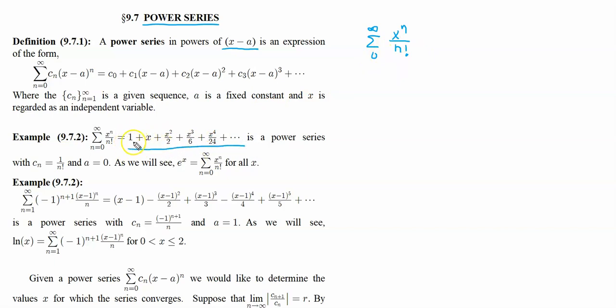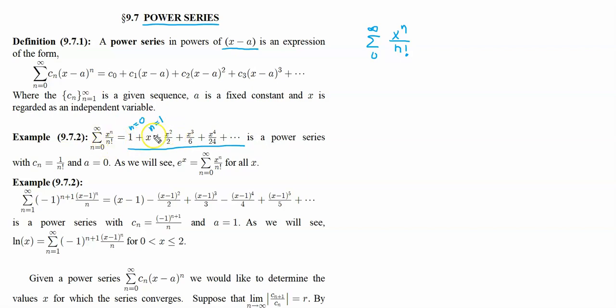So if we put 0 in for n, we get back 1. x to the 0 is 1, divided by 0 factorial. 0 factorial by convention is 1, remember that. So you get 1. So this is when n is 0. If you put 1 in for n, you get x to the first power divided by 1 factorial. So you just get x, so that's when n is 1.